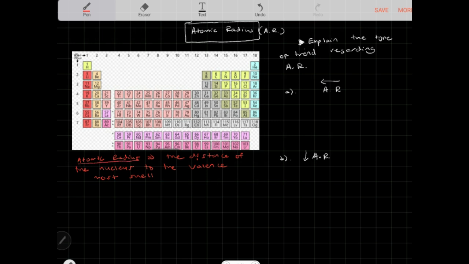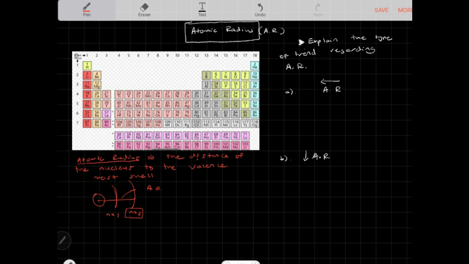It's a way for us to classify the size of an atom. If it's the distance of a nucleus to the outermost shell, in a certain atomic structure according to Bohr-Rutherford, then this would be the atomic radius. Let's say this is the valence shell, n is equal to 2, and this here is the atomic radius. You have to think about this in a three-dimensional perspective.